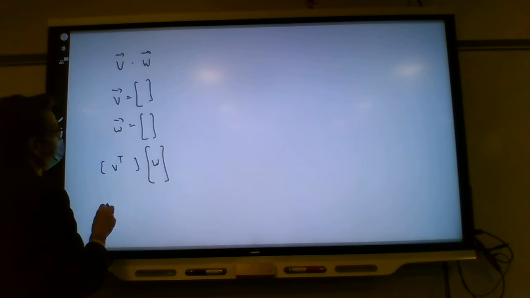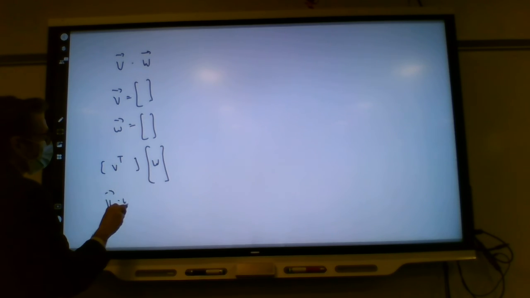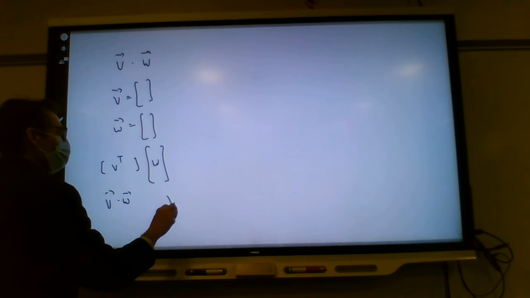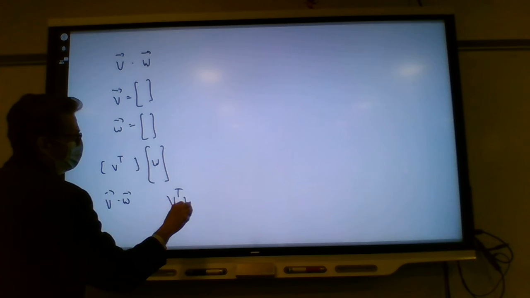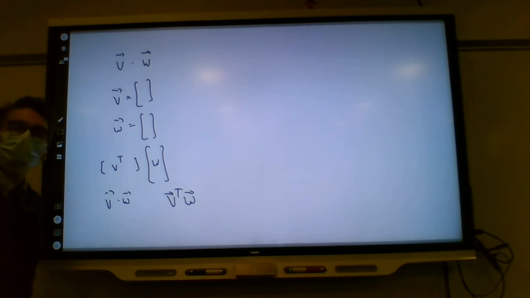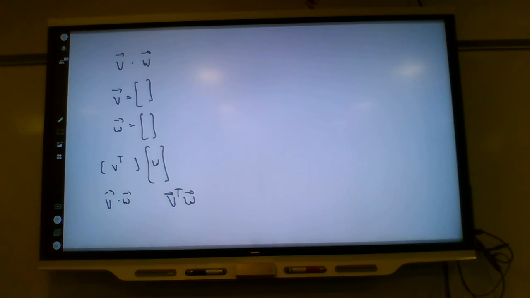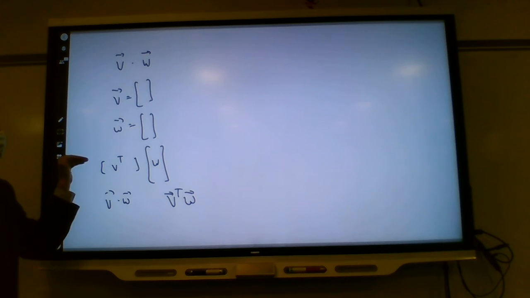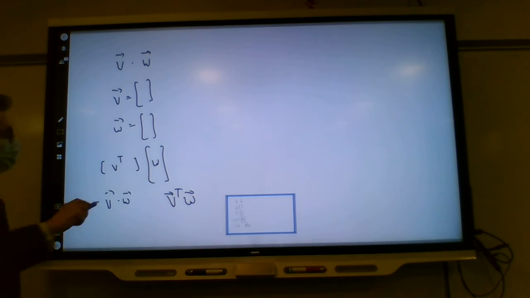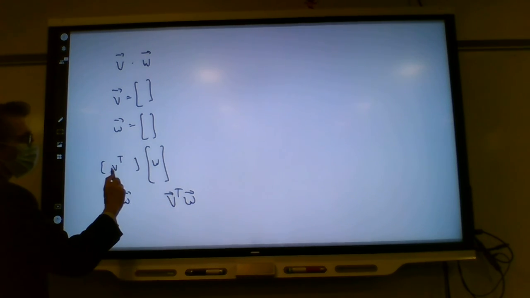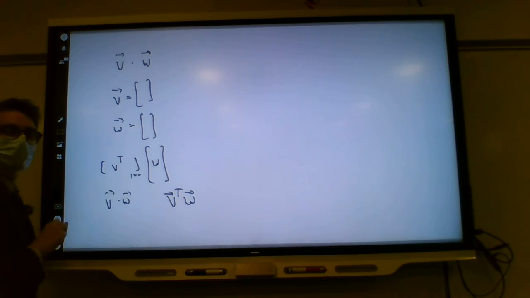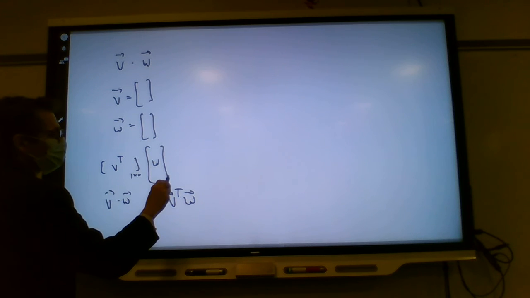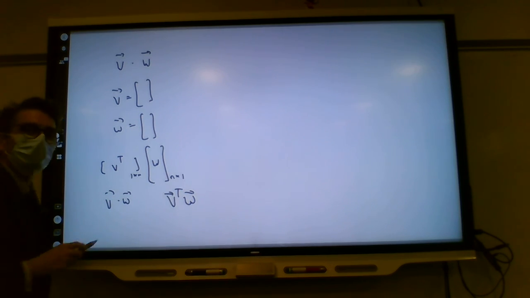Then what happens, v dot w, sometimes I'm going to write it with the arrows in. Sometimes we write it as v transpose times w. So what would happen? If these were both columns, then this becomes a row times a column. How big is this? What is the dimension of this thing? One row, n columns. This is n rows, one column.